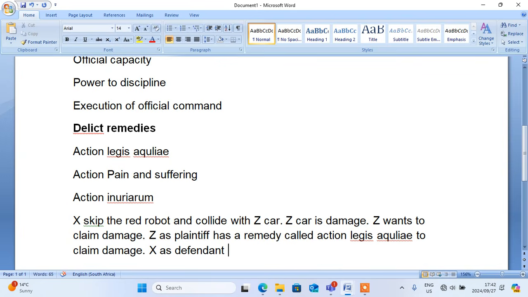X as the defendant can rely on necessity to justify his action, right? It means that the ground of justification is available to the defendant, which he must use to justify his action.